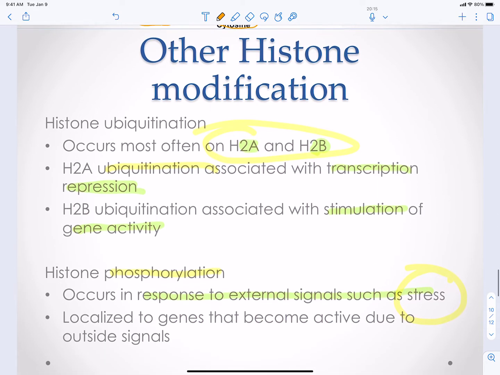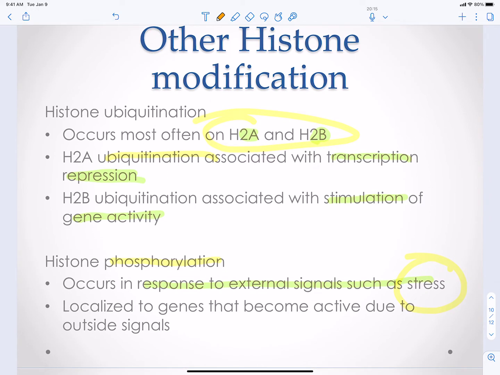Now, there are some other histone modifications to note. Histone modifications are going to mostly occur on 2A and 2B. Remember, 3 and 4 are going to be shared across many of the different mammalian species or eukaryotic species. 2A and 2B are going to be more unique to humans.